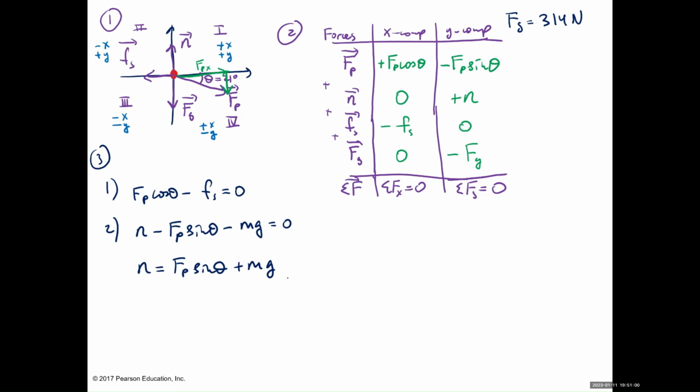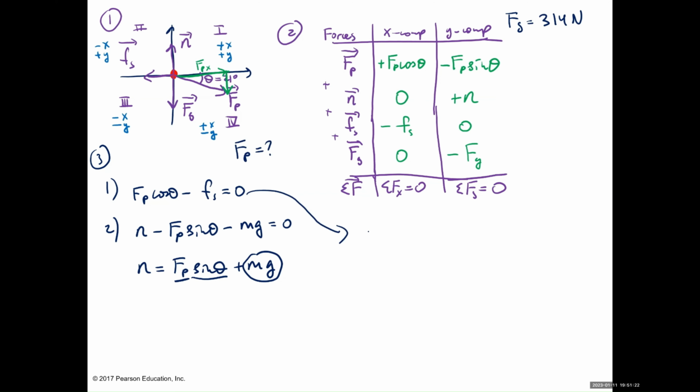But I can't solve for the normal force right now. I know this term, which is 314 newtons. I know what my sine of theta is technically because I have theta, but I don't know what Fp is. We're not given that. That's what we're trying to find. What is Fp? Well, same thing with equation 1.